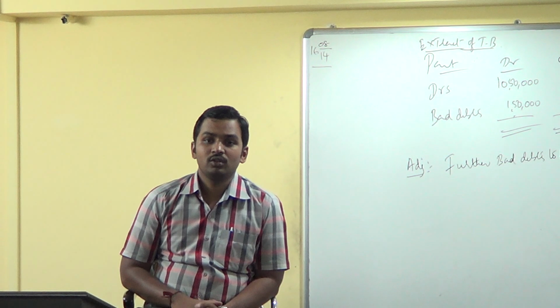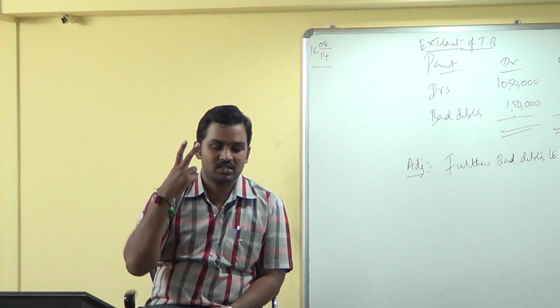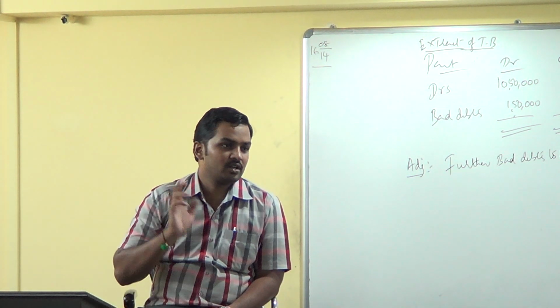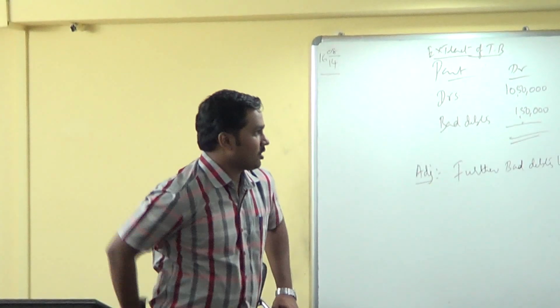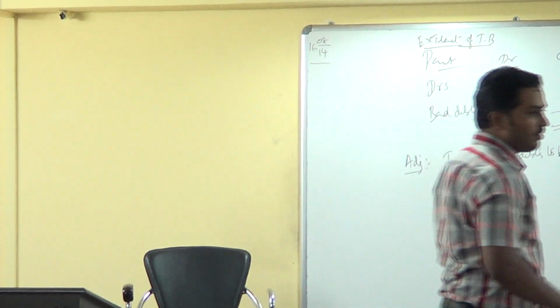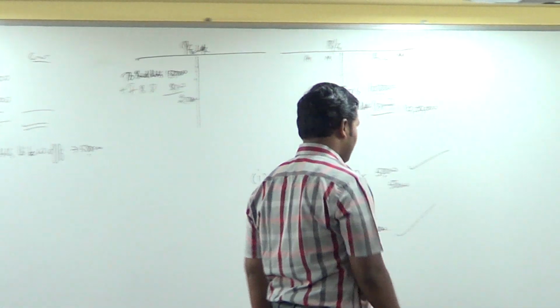Now what do you want to do? You want to allow customers a discount of 2,000, but this discount has not been recorded in our books. So how do you deal? Again open a small profit and loss account and a balance sheet.